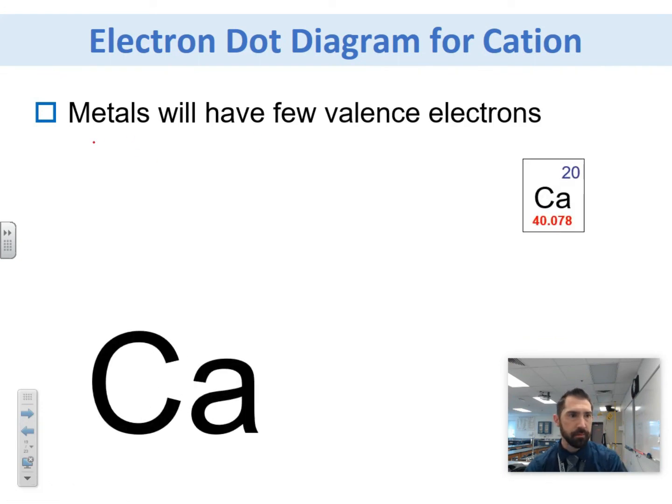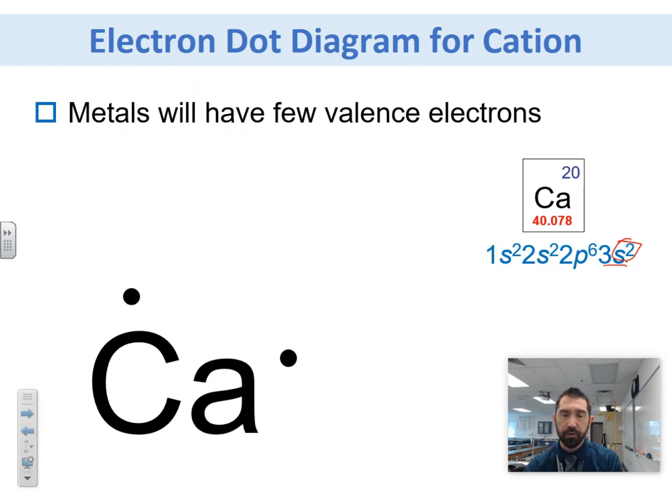And again, metals will have fewer valence electrons, 1, 2, or 3 for our purposes. It's not quite the truth, but let's look at calcium. So calcium is an alkaline earth metal. The outermost energy level represented is 3s with 2 of them. So it's going to have 2 valence electrons. And we would show our configuration like that. But remember, metals are going to lose electrons.